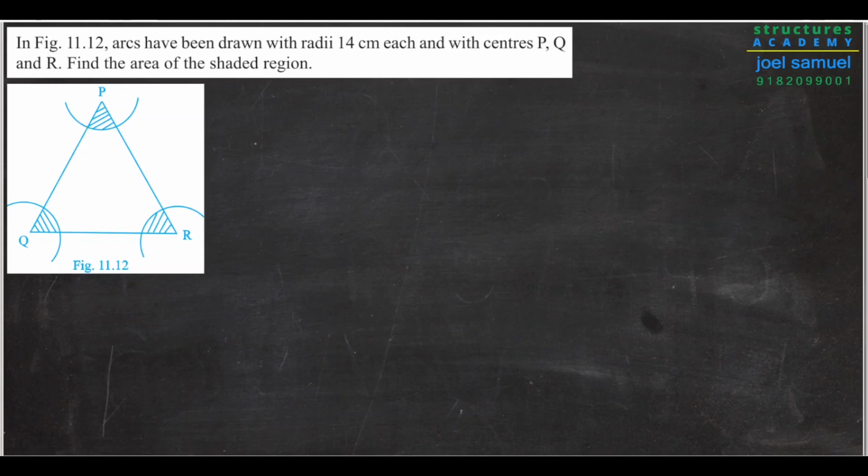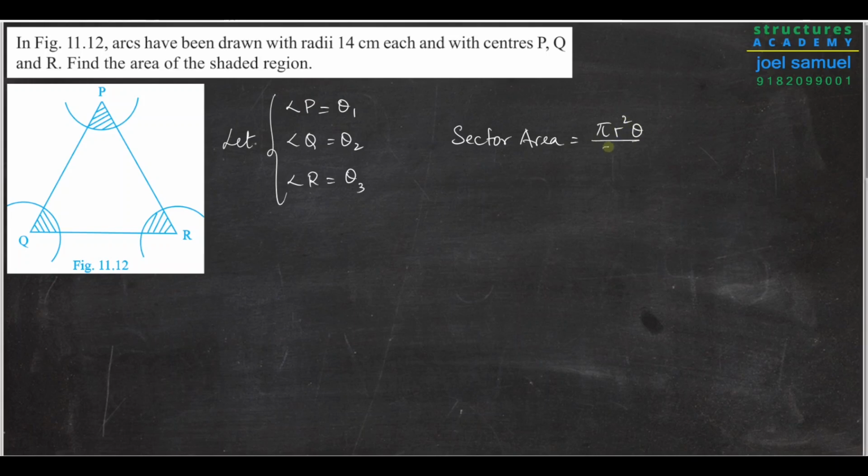So let us call the angle at P as theta 1. Let's say angle P is theta 1, angle Q theta 2, and angle R as theta 3. Now since each of these are sectors, we know sector area is given by pi r square theta over 360.